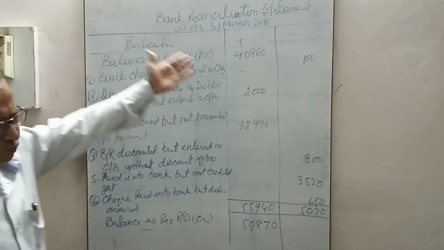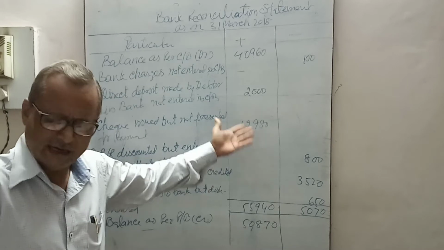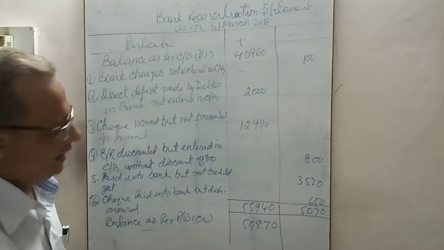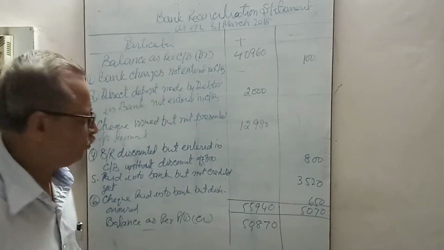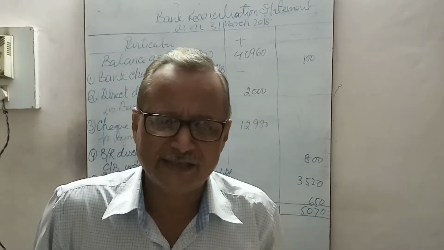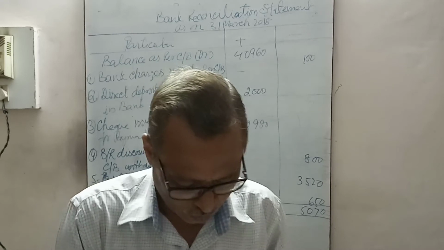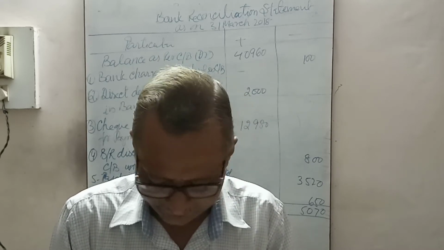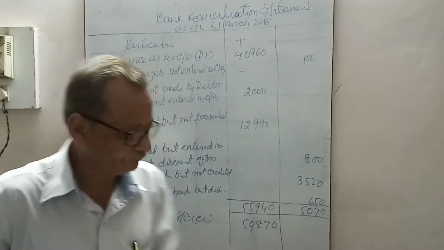Now whatever method is easy for you, you can apply it, either this method or the other method. Now one more question I am going to take, that is, if an overdraft balance of the cash book is given or a credit balance of the cash book.